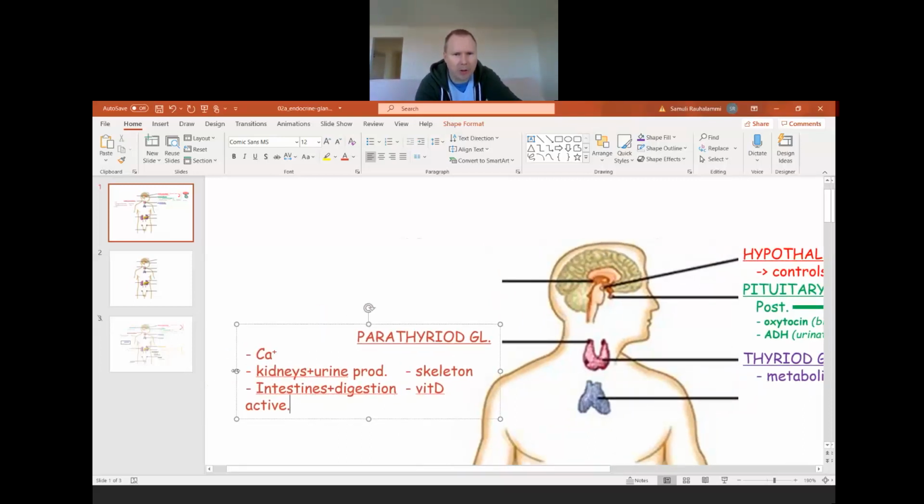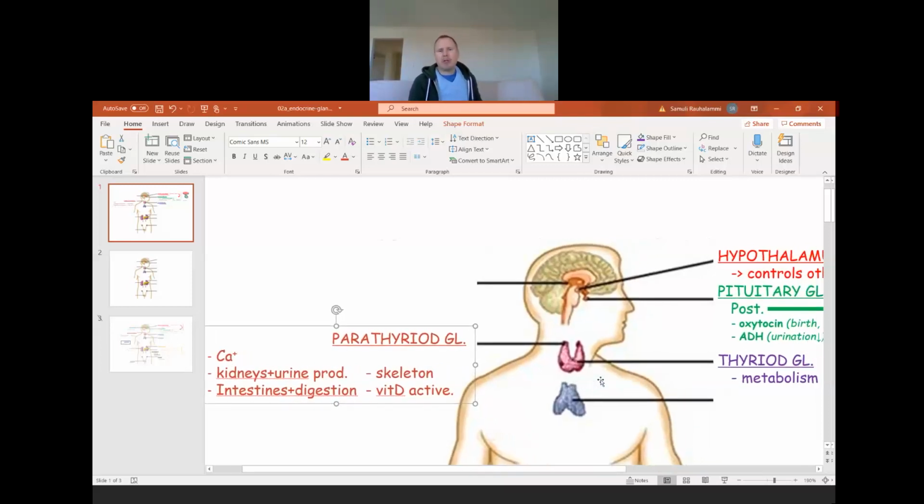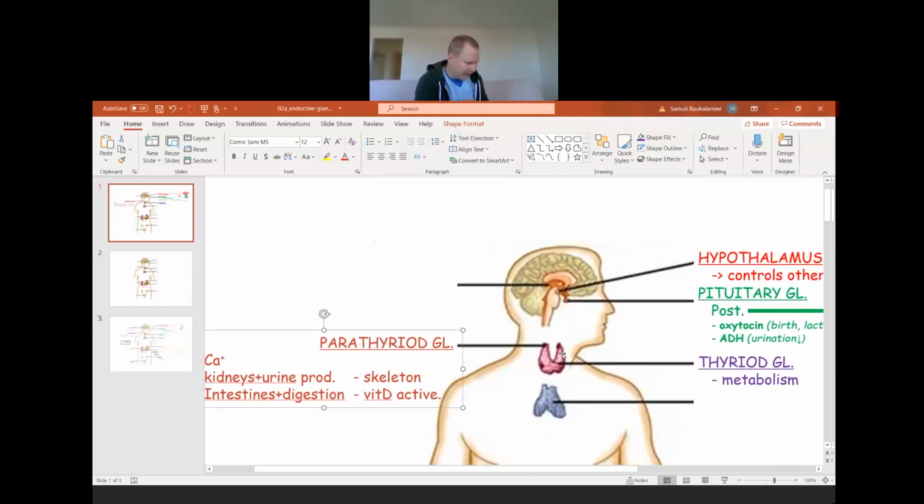So parathyroid plays a role also in that. So if we have issues with any of those, parathyroid gland hormones might be an explanation behind that. And we saw that parathyroids were those little dots within the thyroid gland.